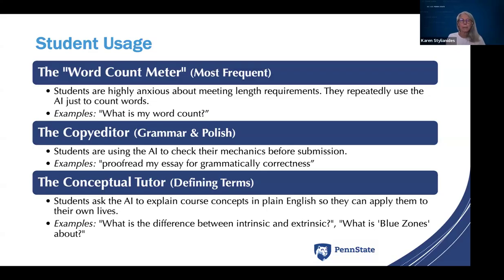So in my usage, I had a lot of students that were going back, and that was the primary reason they were using it: what is my word count? How many words do I have on here? It just has to do with the students starting to be in college, starting to understand what a word count is. And I feel like the scaffolding is happening because it's a gen ed class. I'm preparing them for other classes in higher ed.